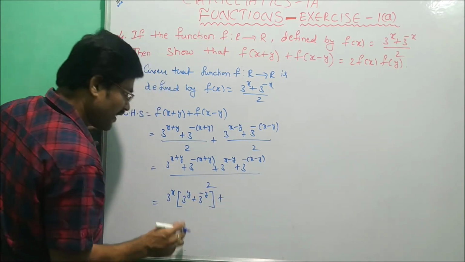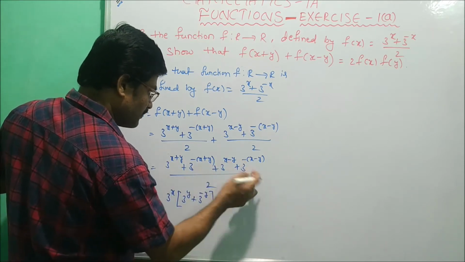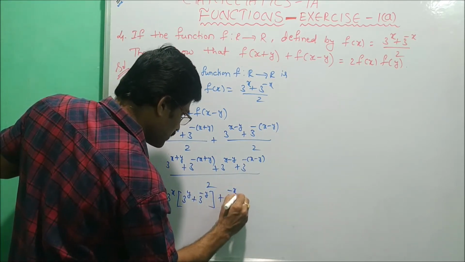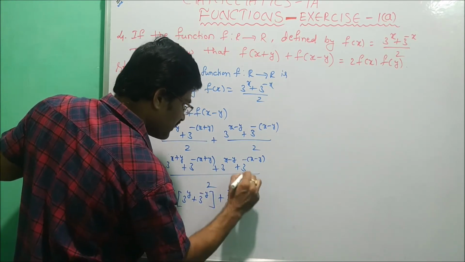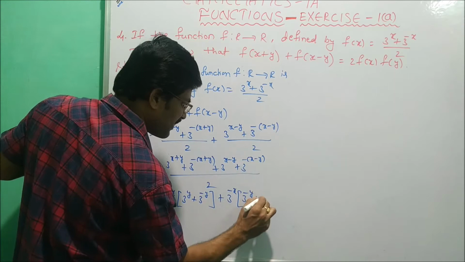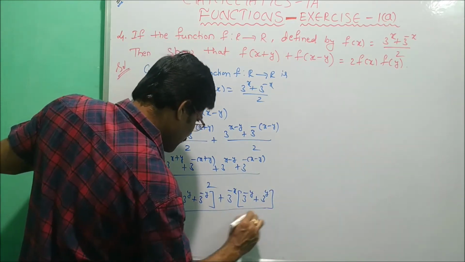Similarly, we take common 3^(-x) from the second and fourth terms; the remaining terms are 3^(-y) and 3^y, whole by 2.